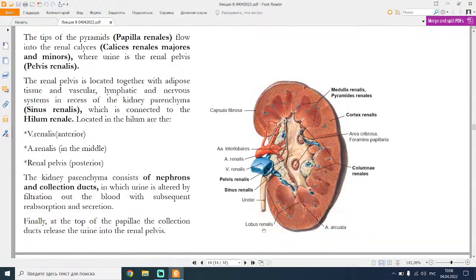The tips of the pyramids, papilla renalis, flow into the calyces renalis majoris and minoris, where urine collects before the renal pelvis, pelvis renalis.